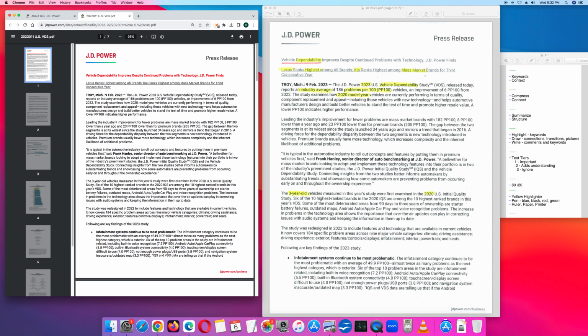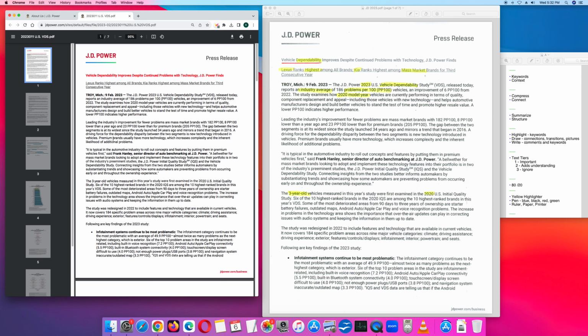It's also important to know that when you come across a document, there are actually 3 tiers of word rankings. Very few of the words are actually important. For example, on the first page of this press release at the top, I highlighted and underlined vehicle dependability. That's what this whole document is about. If someone came to you and said, summarize this 7-page document, you'd say, okay, vehicle dependability.